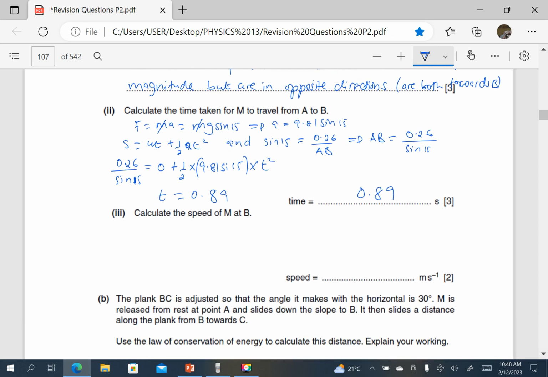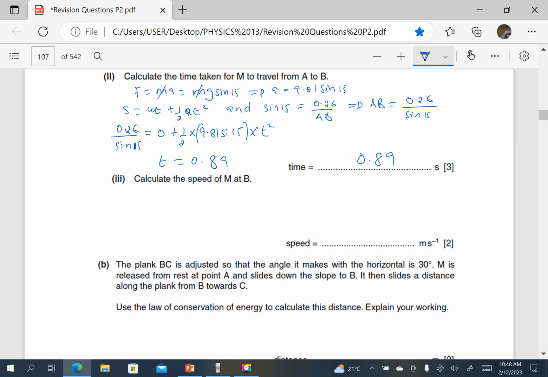Calculate the speed of m at B. Still, we can use equations of motion, or we can use conservation of energy. Let me start with the equation of motion. So method 1, I will use equations of motion. V equals U plus at. We now know the acceleration is g sine 15. So V is going to be initial velocity 0 plus 9.81 sine of 15, then we multiply this by the time, which we got as 0.89.